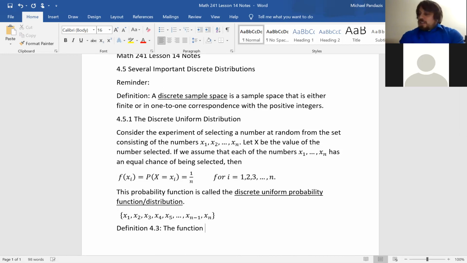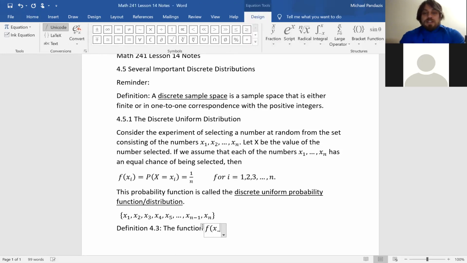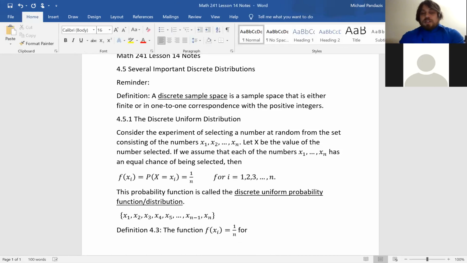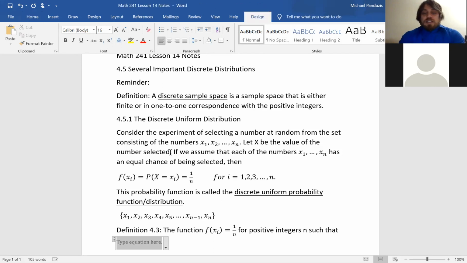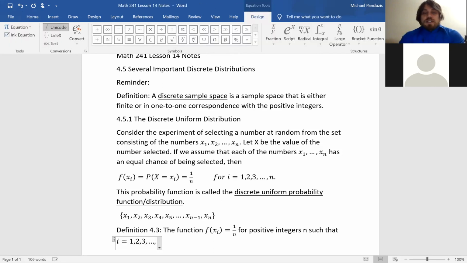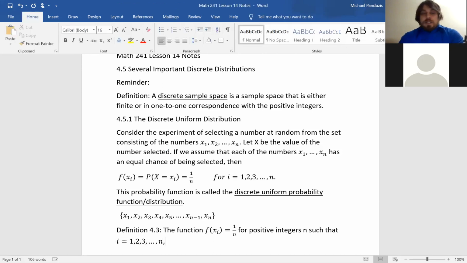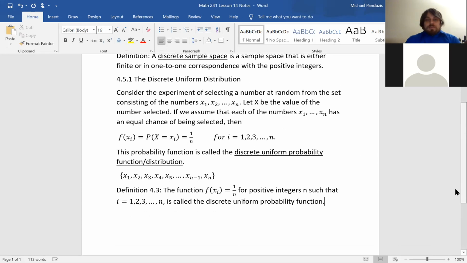The function f of x sub i is equal to 1 over n for positive integers n such that i is equal to 1, 2, 3, up to including n, is called the discrete uniform probability function.